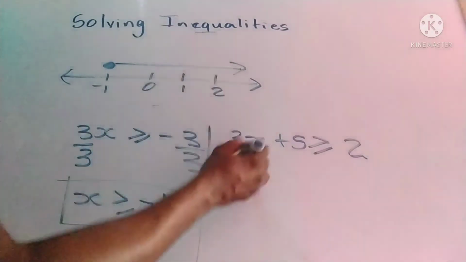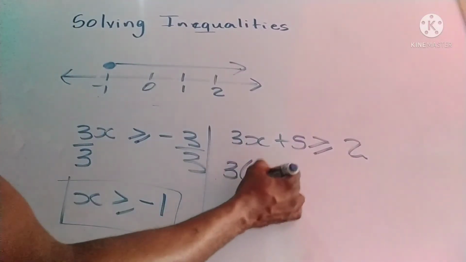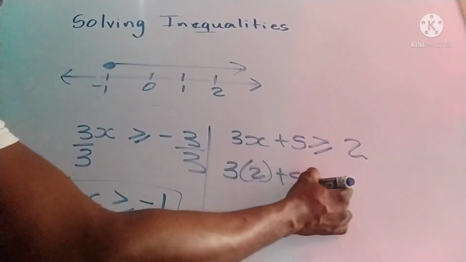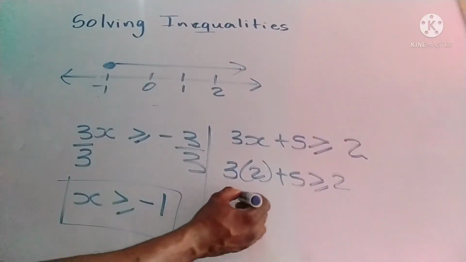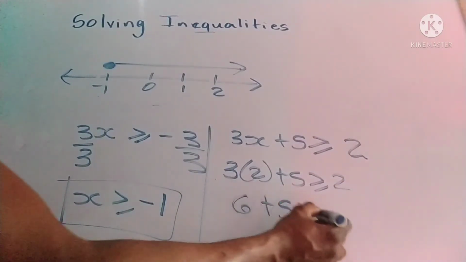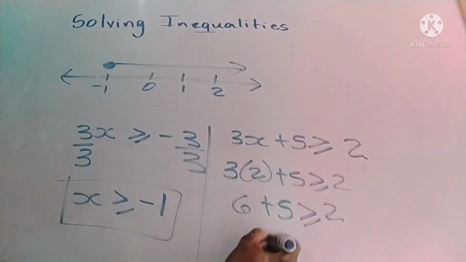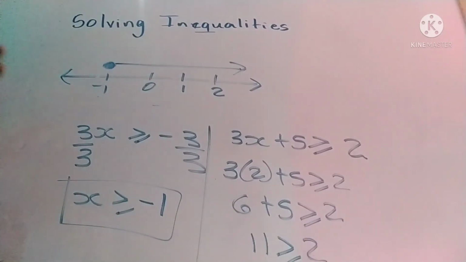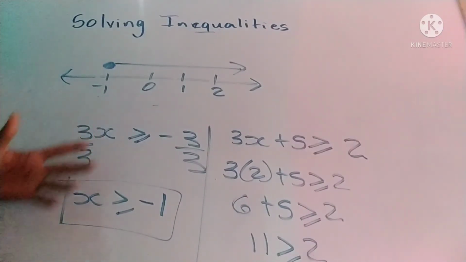If x is 2, we have 3 times 2 plus 5. Is that greater than or equal to 2? I think so. 6 plus 5 is 11, and 11 is greater than or equal to 2. So yes. What the inequality does is give you a number of solutions that work.